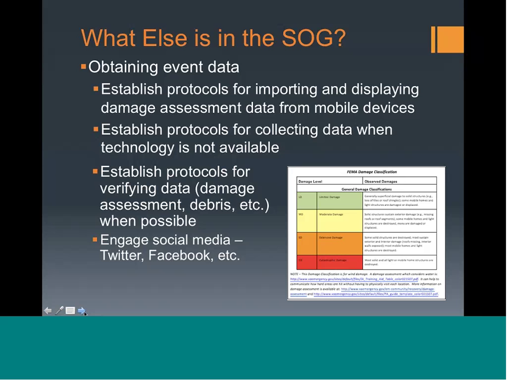Then you may have the ability for people to go online and input information more manually, and then we need protocols for when you don't have technology. How are you going to get the data in paper forms, more or less? And how are you going to verify the data? Do you have a method for doing that? Is that practical? And the last part was fully engaging social media, and we saw a lot of that during Superstorm Sandy, and others have picked up on that as we've gone along, whether it be Twitter, Facebook, or other areas.